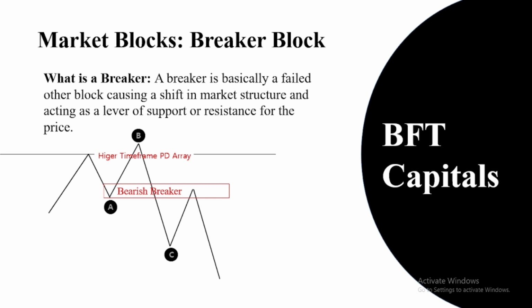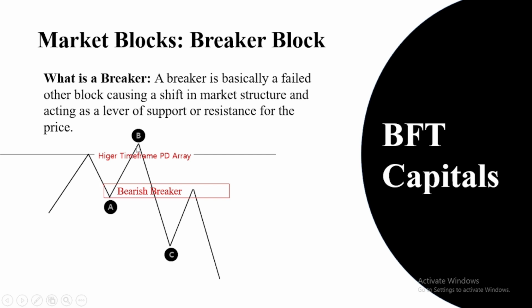So the formation of a breaker block is formed using three price swings, as you can see A, B, and C. The first price swing here, that's where your order block is going to be. That's your first price swing.